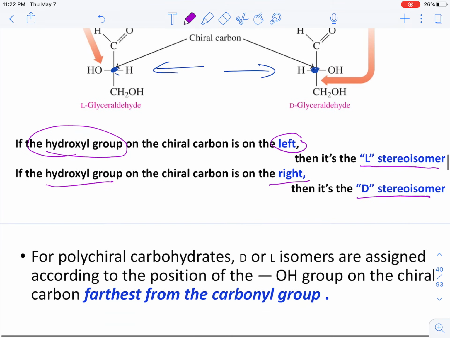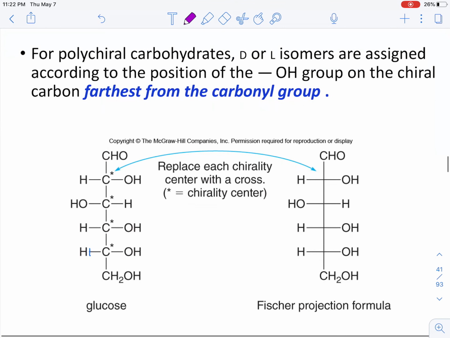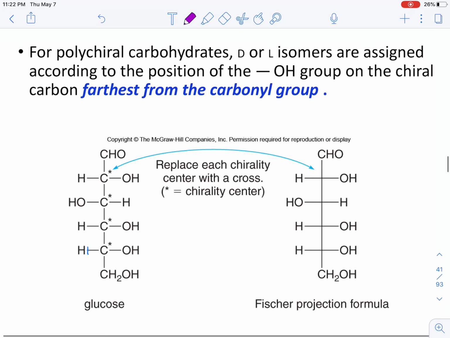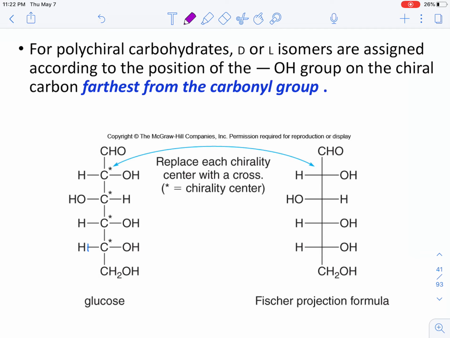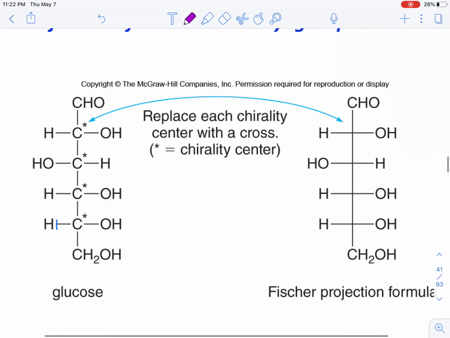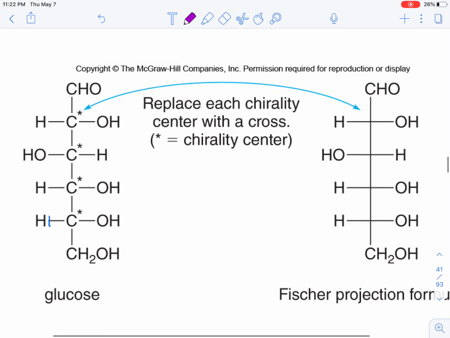Anyways, so let's go ahead and look at how this is more prominent in larger carbohydrates that have multiple stereoisomers or multiple chiral carbons. And so looking at glucose, everything that has an asterisk is a chiral carbon. And so first of all, let's understand why they're chiral carbons by looking at some of these carbons that have been marked.